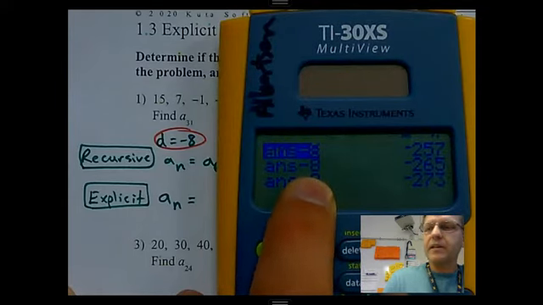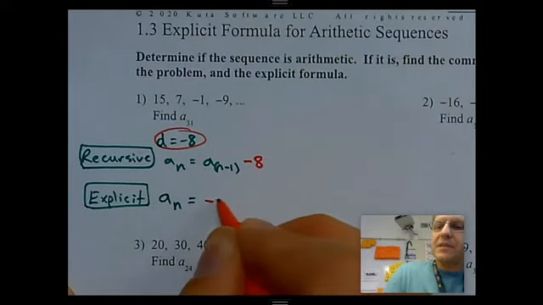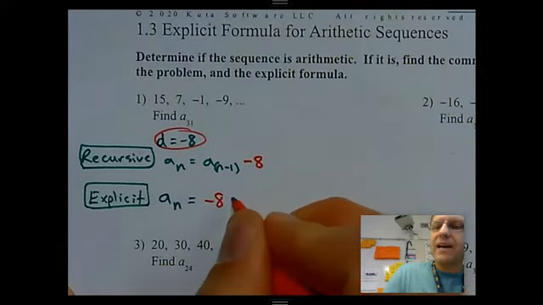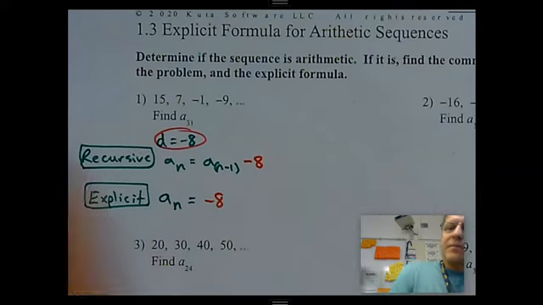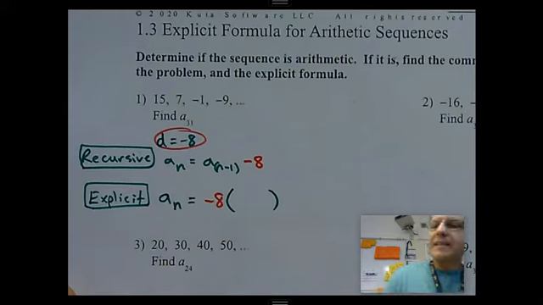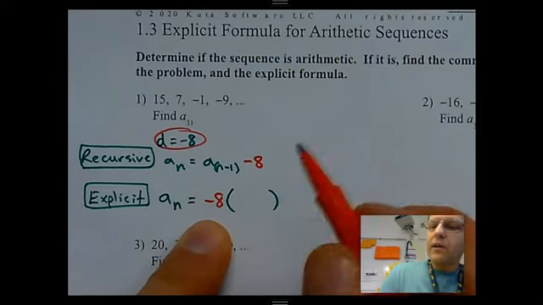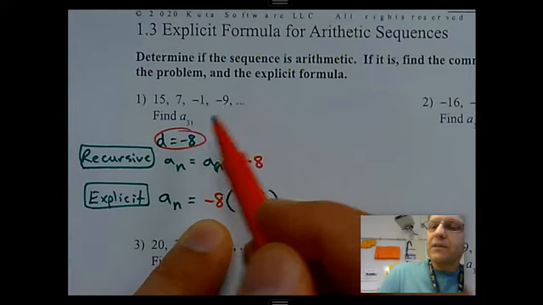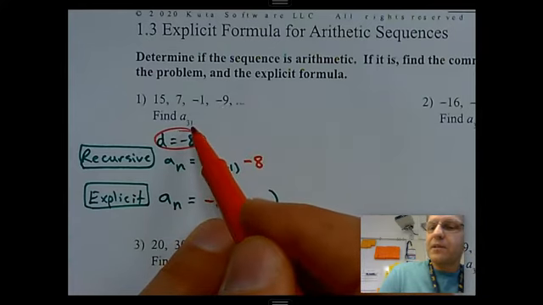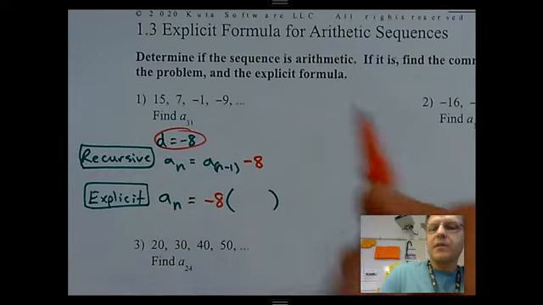Think about the words I'm saying, a bunch of times. So that means that there's some kind of multiplication going on here. How many times am I subtracting 8? Well, I'm subtracting 8 31 times, but not quite. I'm actually subtracting 30 times.